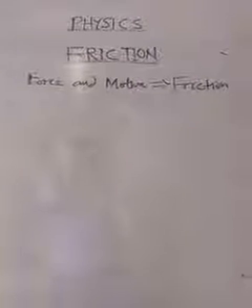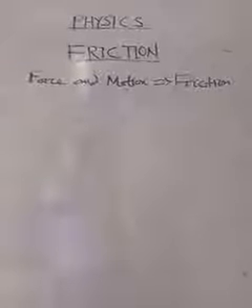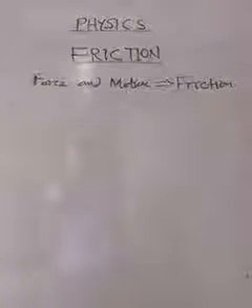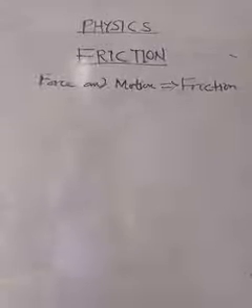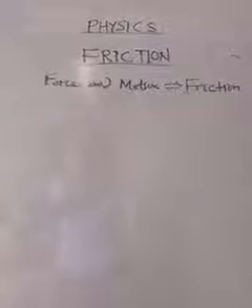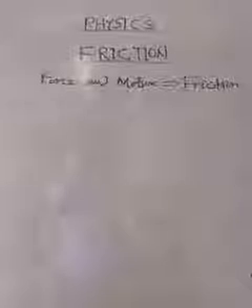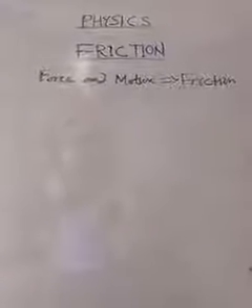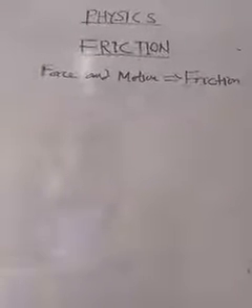What is friction? A friction is a force which opposes the relative motion of two bodies in contact with one another. Now, from this definition we see that friction involves two bodies, and for this frictional force to occur, the two bodies must be in contact with one another.